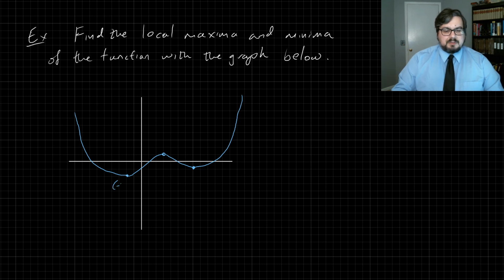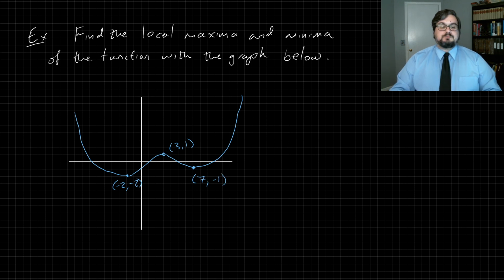All right, and we have these points at (-2, -2), (3, 1), and (7, -1). What we want to do to find the local maxima and minima is find all the points that lie either at the bottom of a valley in the graph or at the top of a hill. Places where the function switches from decreasing to increasing or from increasing to decreasing.